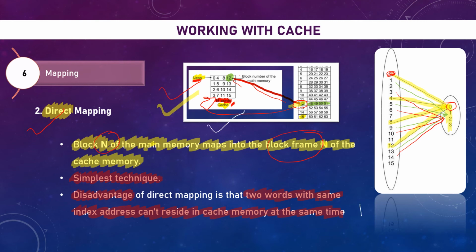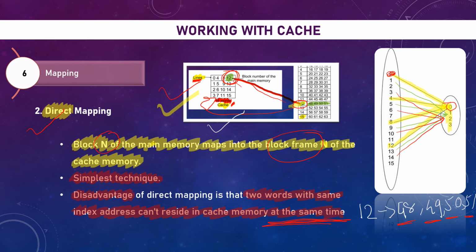Here we have the 12 block, and this 12 block contains 48, 49, 50, and 51. It means that in cache, at this 12th location, either it can store the 48 or 49 or 50 or 51. Means they cannot reside at the same time.